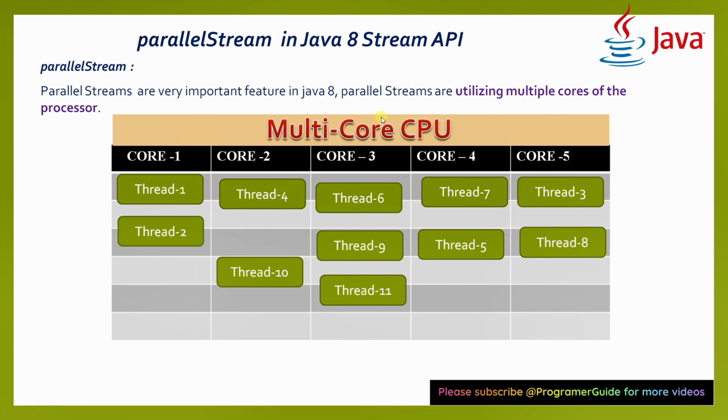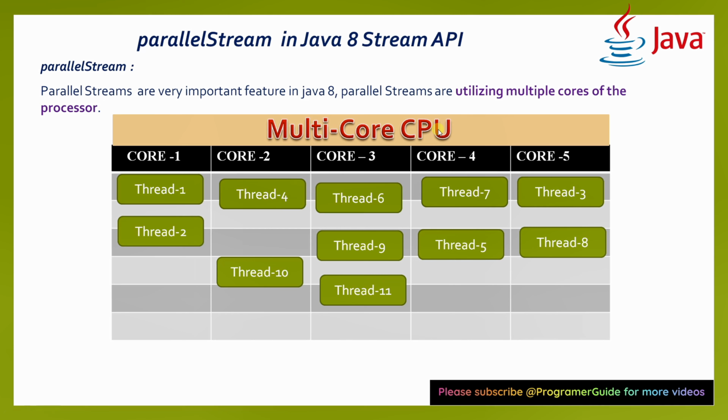Okay. See, parallel streams are a very important feature in Java 8. Parallel streams utilize the multiple cores of the processor. If you see this diagram, there is a multi-core CPU, like i3, i5, i7, i9, some kind of processor.